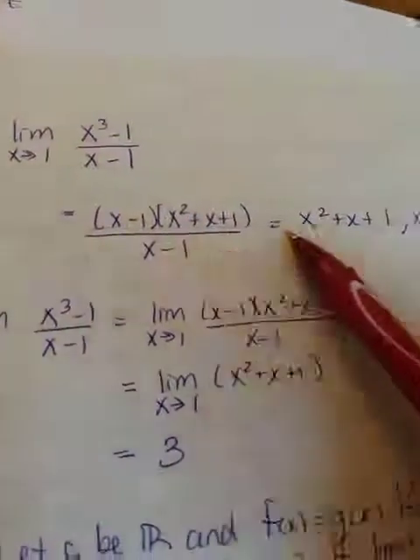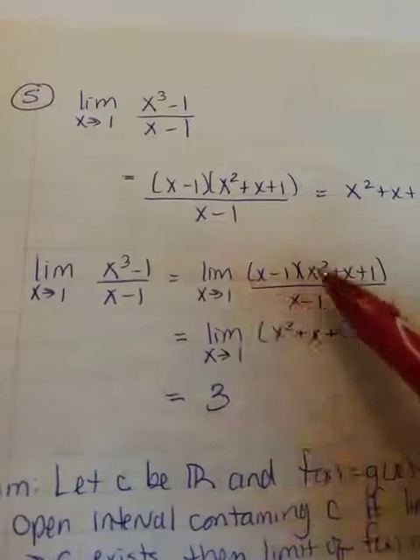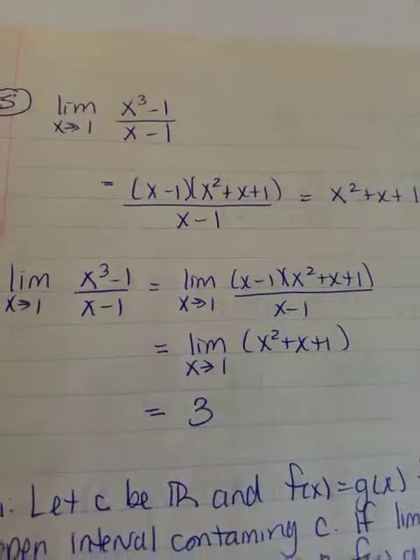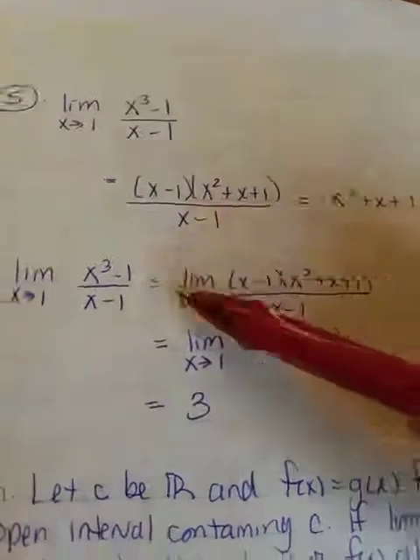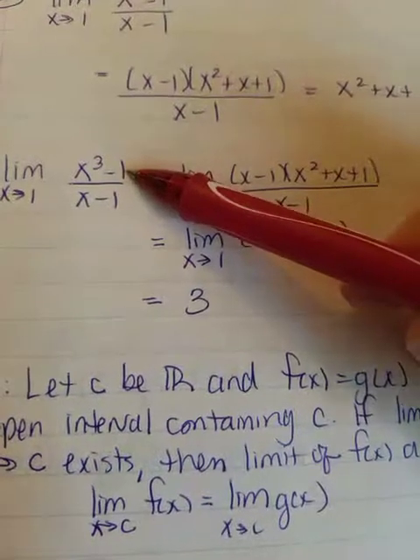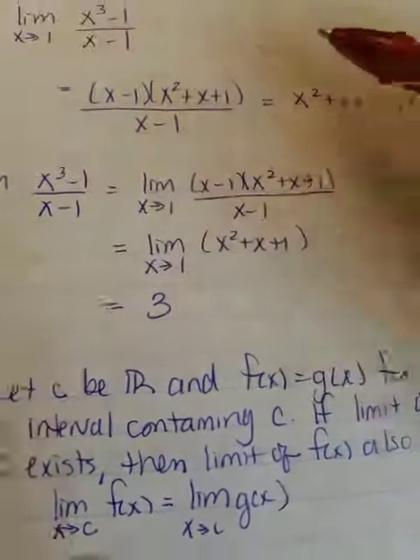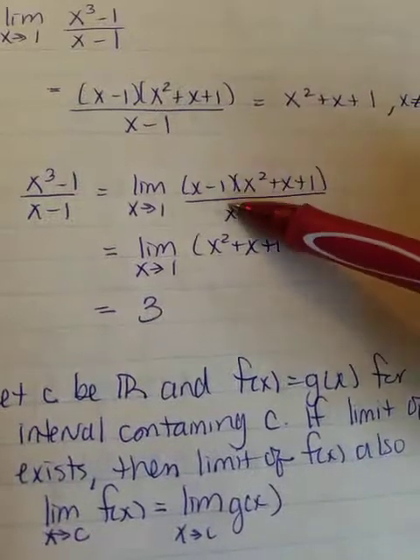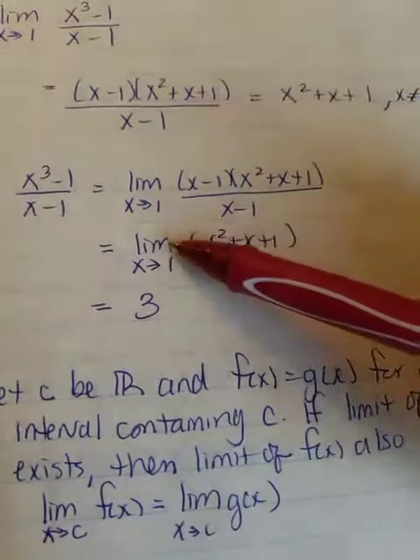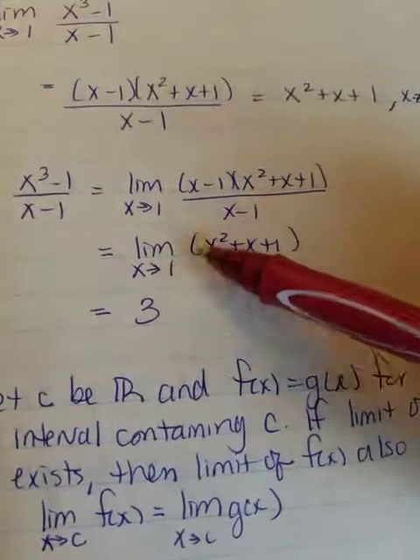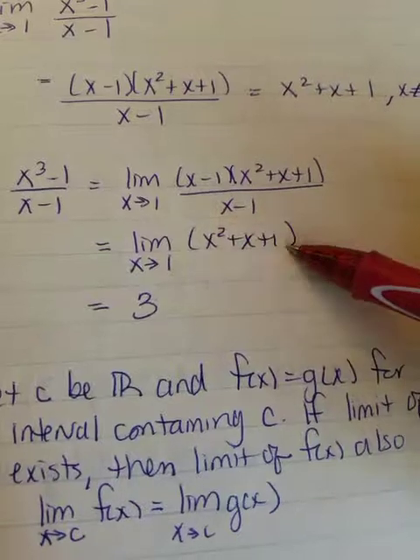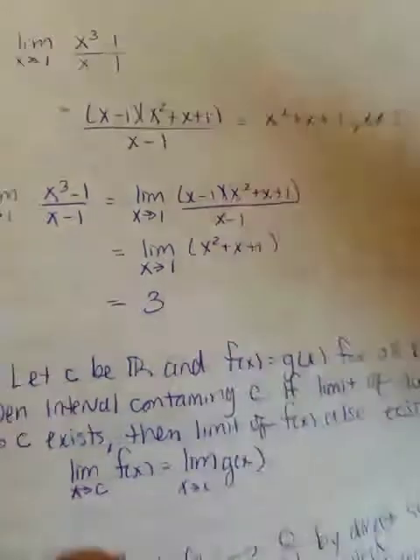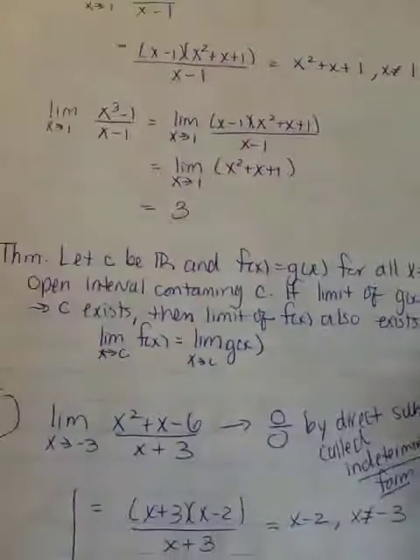But anyways, if I put 1 in here, that's a problem because I'll get a denominator of 0. So in this case, we can factor x cubed minus 1. That's the difference of perfect cubes. The numerator will factor into this here. Those guys will cancel out. So we're really looking at the limit as x approaches 1 of x squared plus x plus 1. So if I put 1 in here for x, my answer is 3.